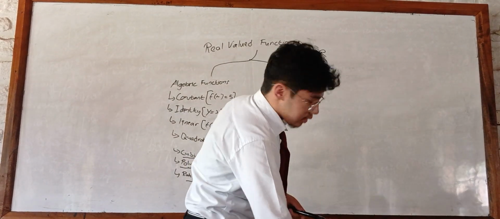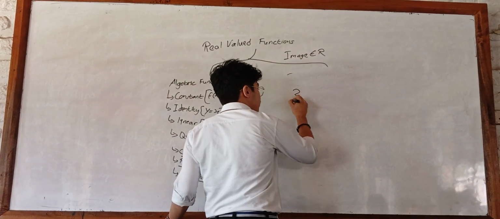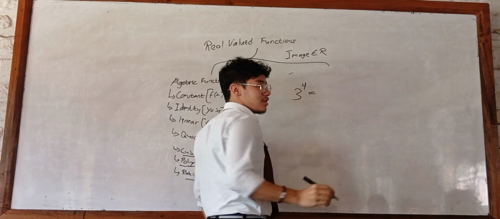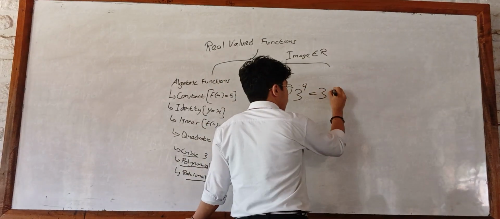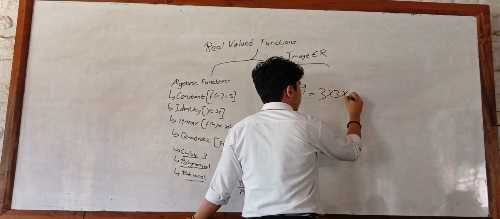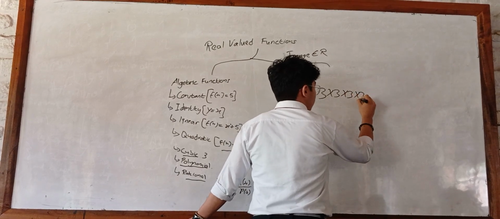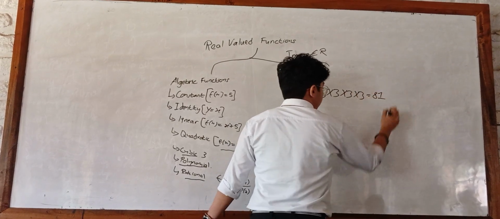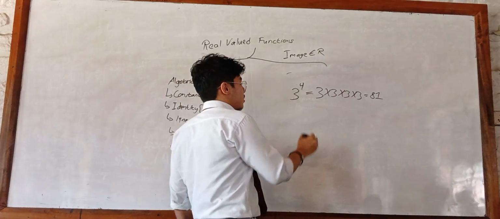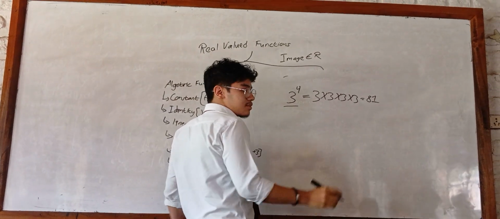When we say 3 to the power 4, what we normally understand is 3 multiplied by 3 multiplied by 3 multiplied by 3 equals 81.